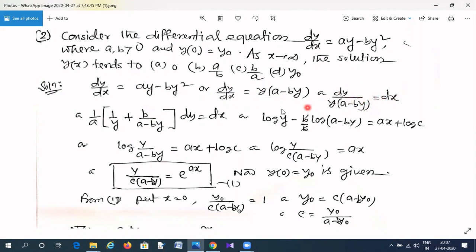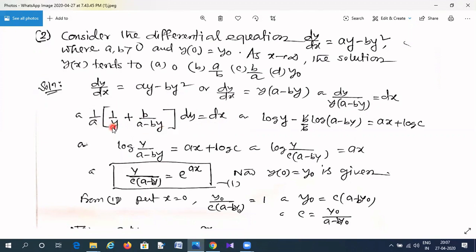If we break this, I'm writing 1/(y(a - by)) as (1/a)[1/y + b/(a - by)]. If we calculate this, you'll see that this term is equal to 1/(y(a - by)). dy = dx.